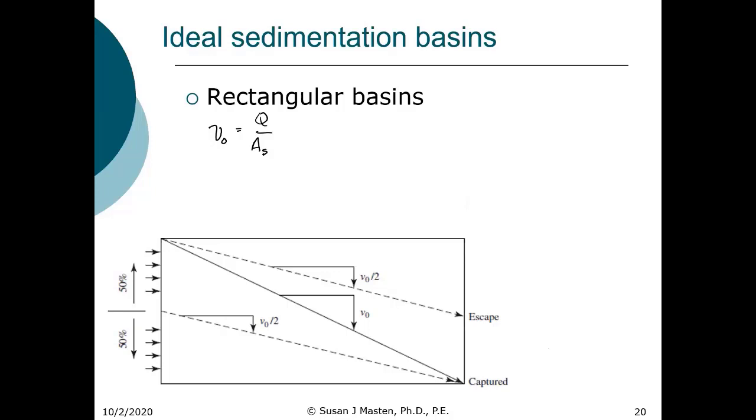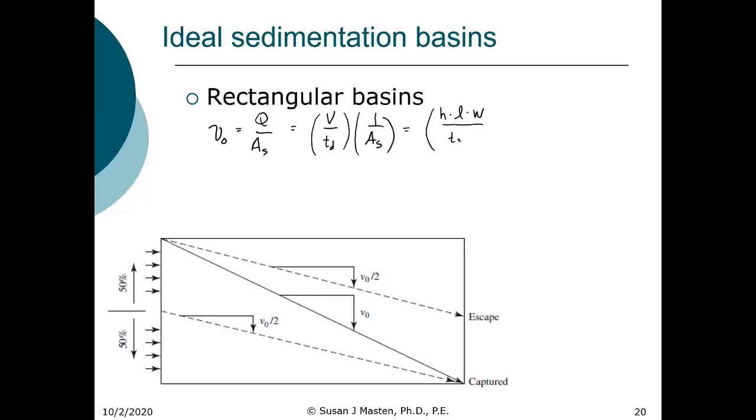So the overflow rate is equal to your flow rate divided by the surface area. Q is just volume divided by the detention time times 1 over the surface area. Volume is equal to the height times the length times the width of your basin. Again, this is divided by the detention time.